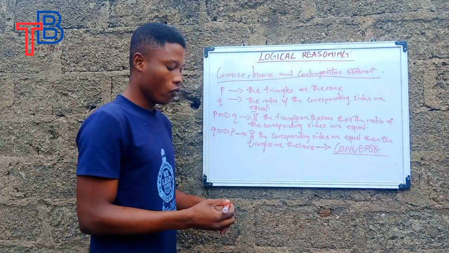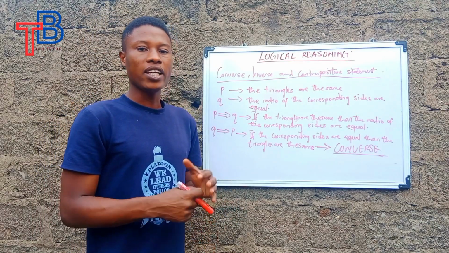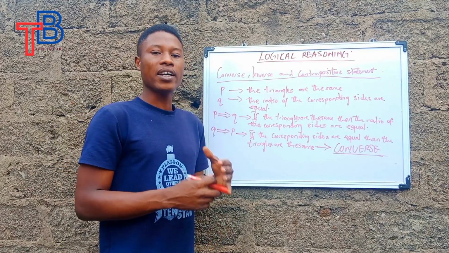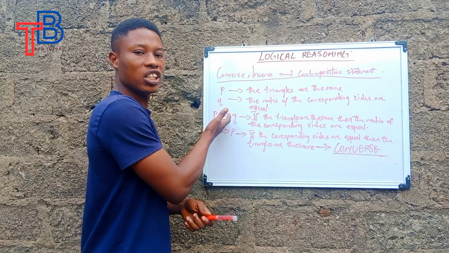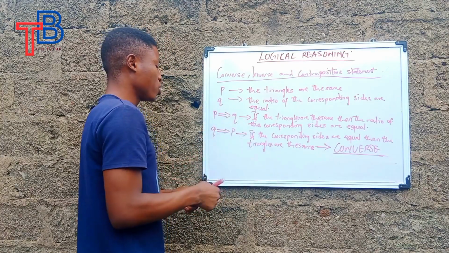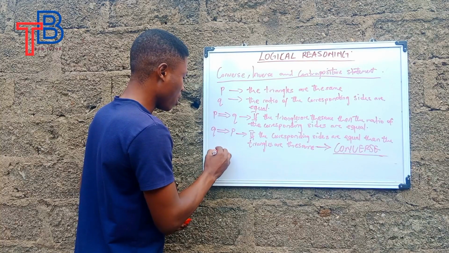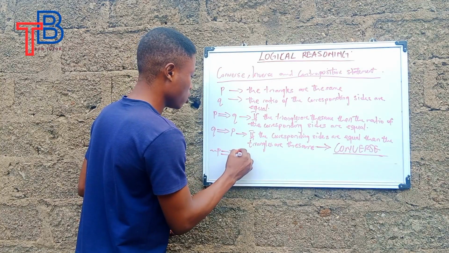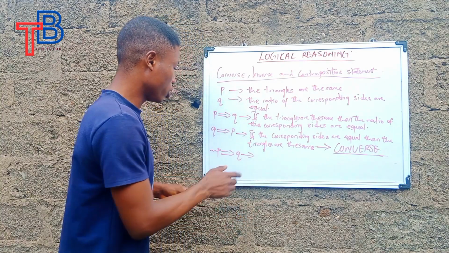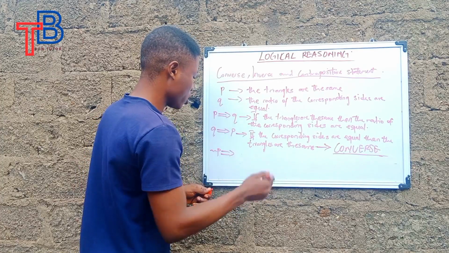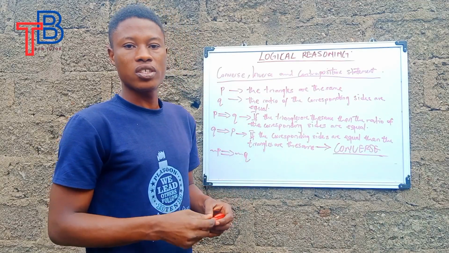This is called the converse statement. But when we're talking about the inverse statement, the inverse statement is the negation of the first two statements, whereby the conditional statement you have here of P with Q has been negated, so you have not P implies not Q. And you will notice if you write out the statement, it will still give you the same value.